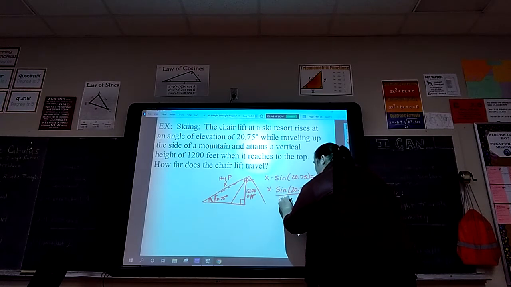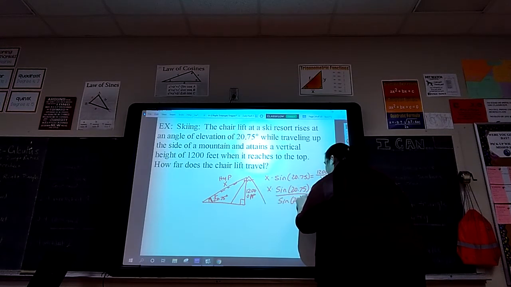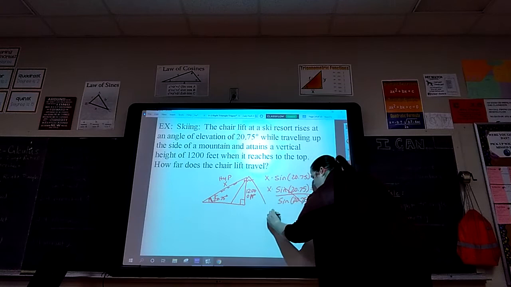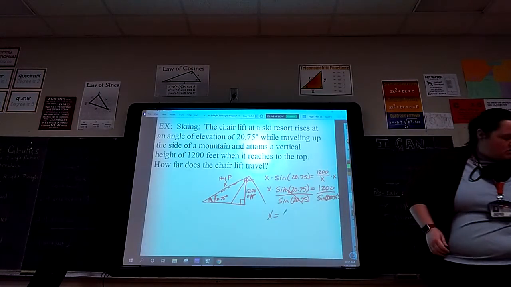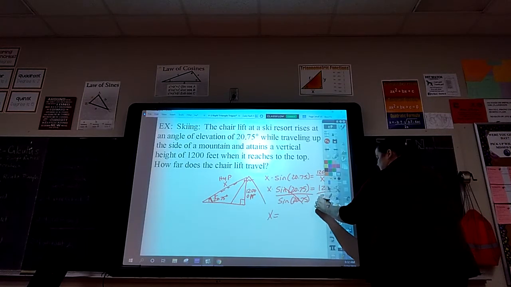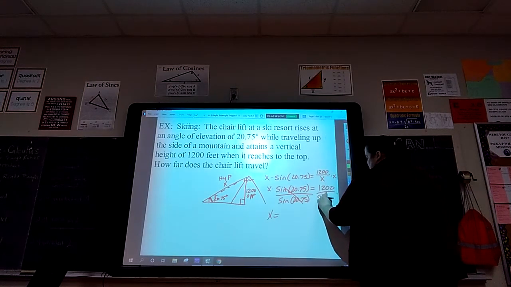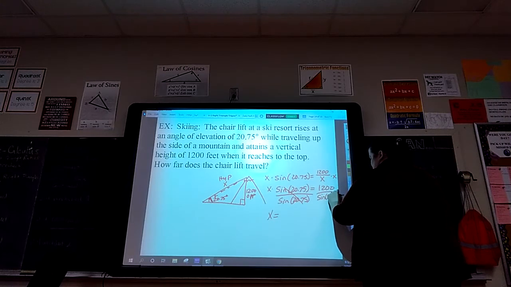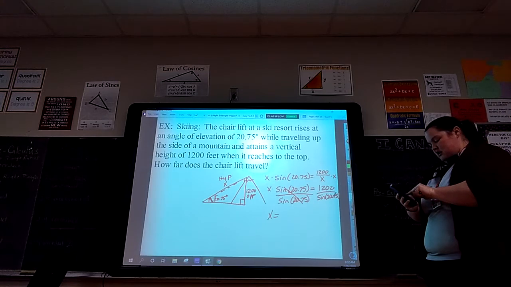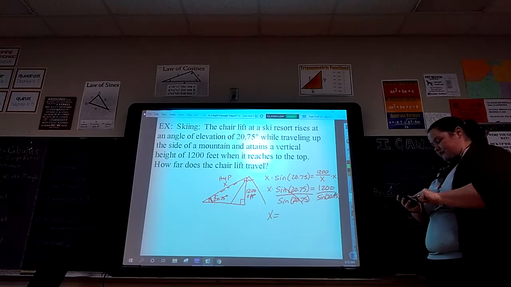We have to divide by sine of 20.75. We have 1,200 divided by sine of 20.75.